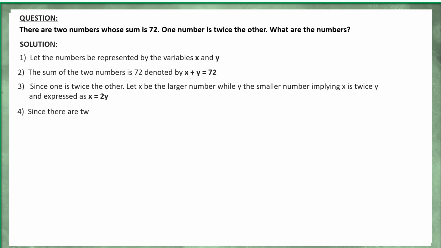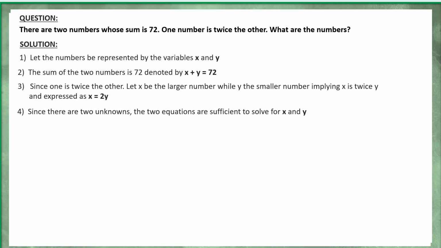So we have two equations now. The first is x plus y is equal to 72, and the second is x is equal to 2y. Since there are two unknowns, the two equations are sufficient to solve for x and y.